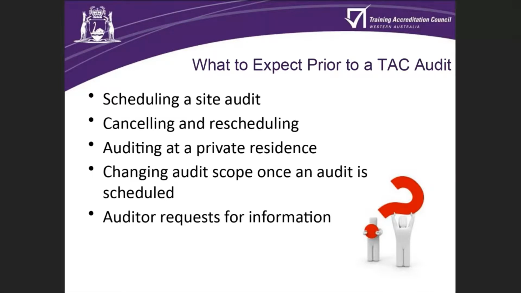That can be done as long as there is sufficient notice and that it is not changing the scope of the audit fundamentally. So if it's a completely different industry area, then probably that wouldn't run. But if it can be easily accommodated, TAC will try and accommodate any such changes, but you do need to make sure that both the auditor and the TAC secretary are aware of those changes that are required.